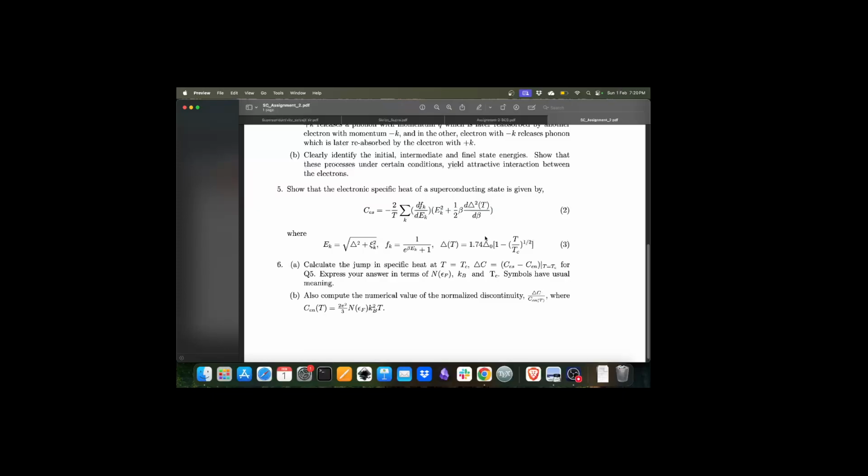So what we are getting is simply this term is there and then this term is there.